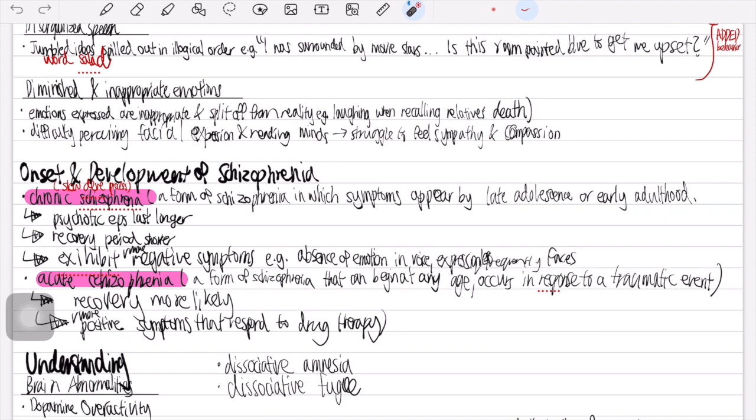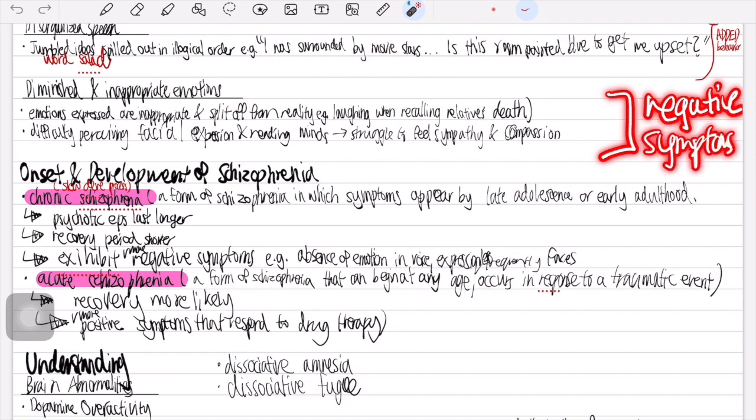So an example of inappropriate emotions might be laughing when someone is talking about their grandmother's death. So these are all negative symptoms.